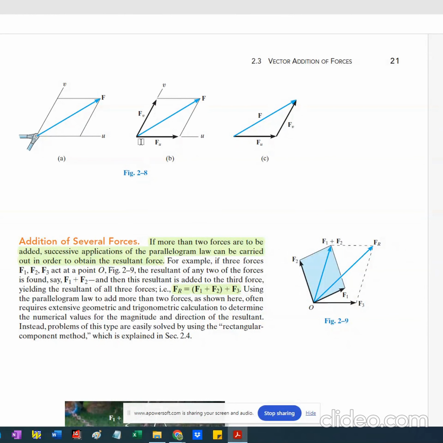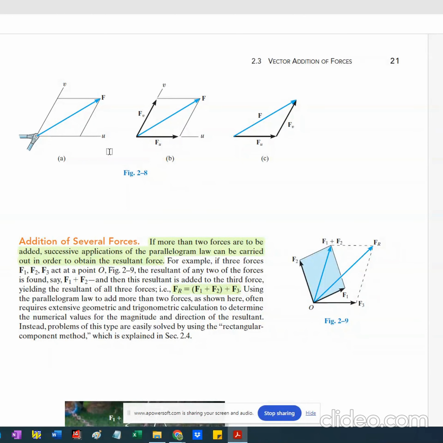Well, we complete a parallelogram. So draw the direction V, or a line parallel to V, through the head of F, and draw a line parallel to U to the head of F. So we complete the parallelogram, and then we have the two components, or you can use a triangle.